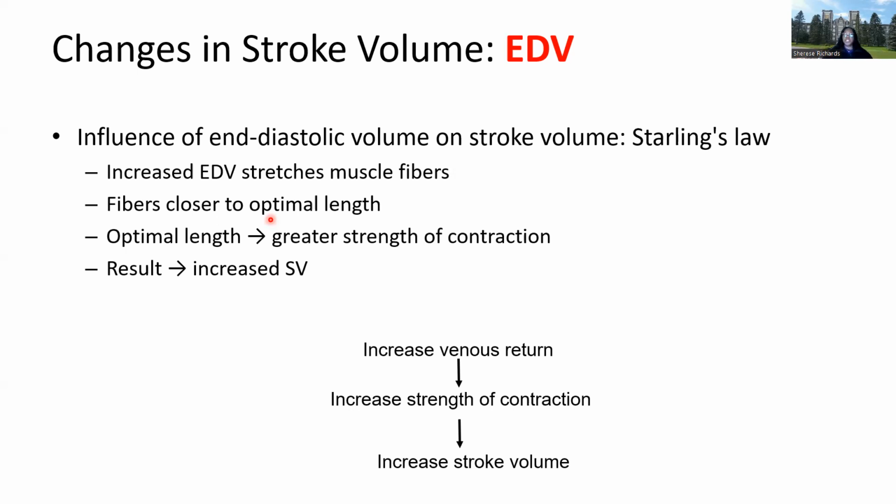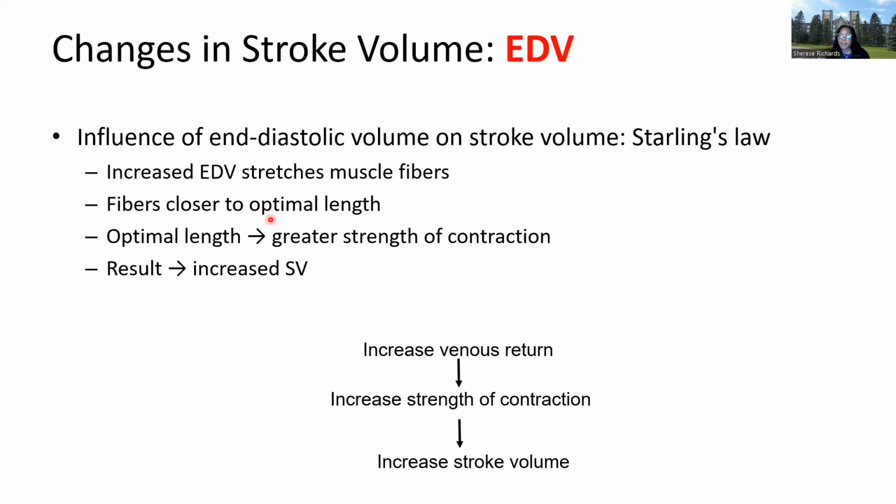The sarcomere is stretching as well. And guess what? We have more force generation being captured in that ventricle. And so when that chamber does contract, it's going to do so more forcefully. That phenomenon is called Starling's law, right? So the result is an increase of the force and then increased blood being propelled from that chamber.